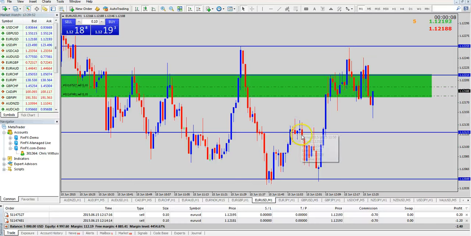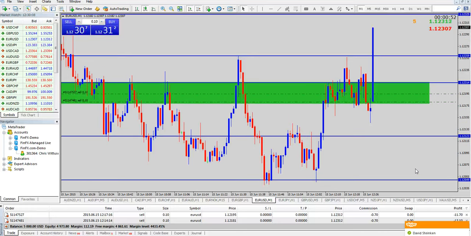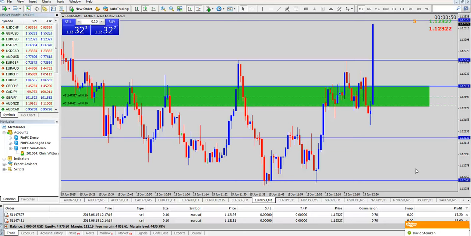It's very fussy, but it went down, went up, came down here, hesitating, broke through and came back up. And then from underneath, up, down. Wow, look at that one. That must be some news release.